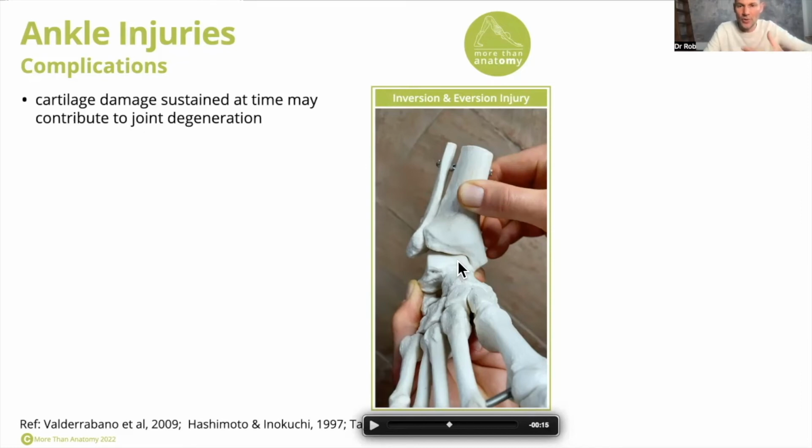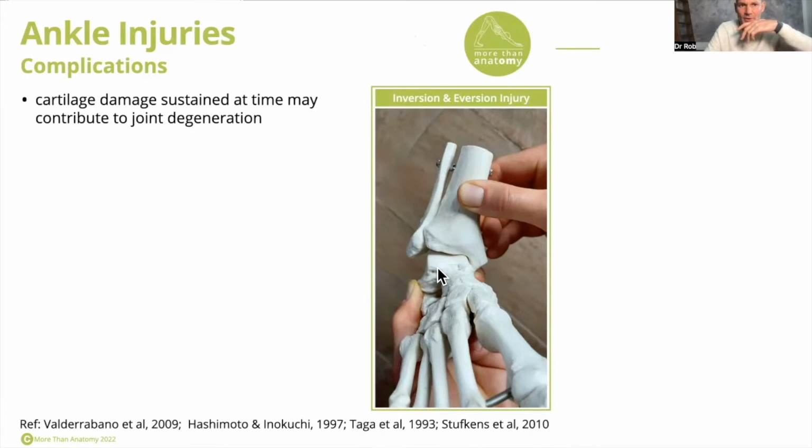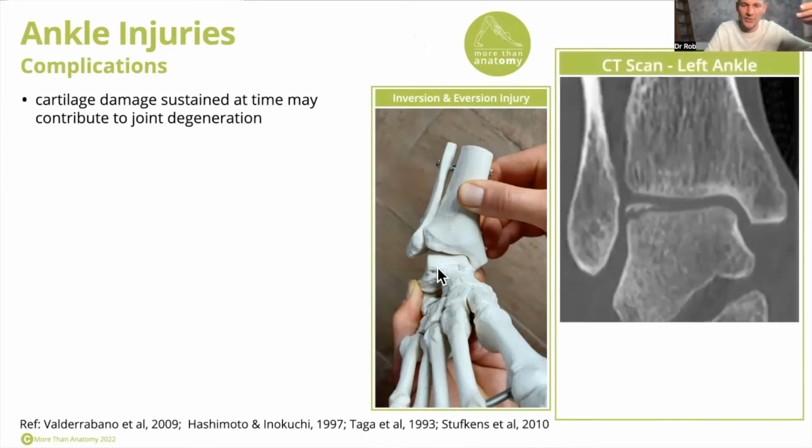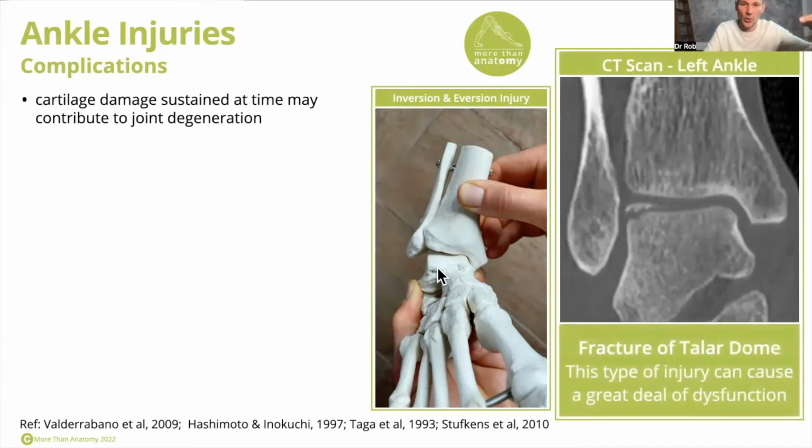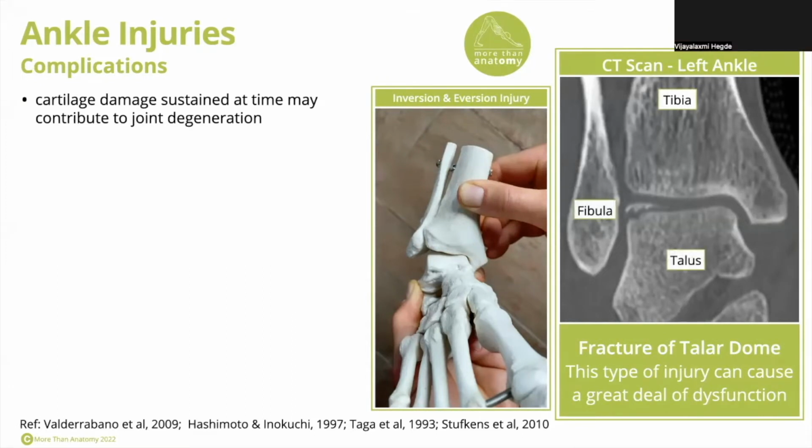The most common way that an individual will end up with ankle osteoarthritis, which is not the most common joint to have osteoarthritis, the hip and knee are more likely to experience it. But when the ankle is injured, when there is trauma, the risk of cartilage damage is very, very high indeed. And this can be one of the contributing factors to why the individual has ongoing problems, not just the ligament issues we've talked about and the instability, but actually because the joint has an injury to it.